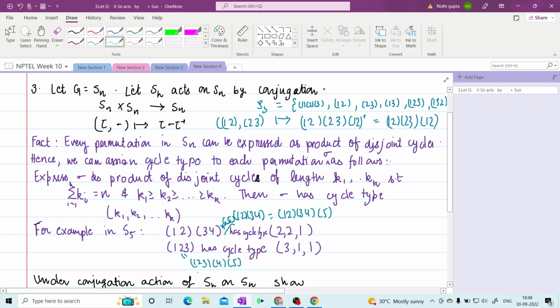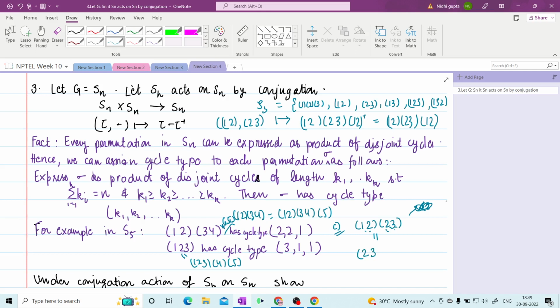Now be careful. If the third example is say (1 2)(2 3), this won't have a cycle type. You can't convert it into a cycle type because it is not disjoint. So first you make it disjoint. How do we make it disjoint? We start from here. 2 goes to 3, but 3 is going nowhere here.